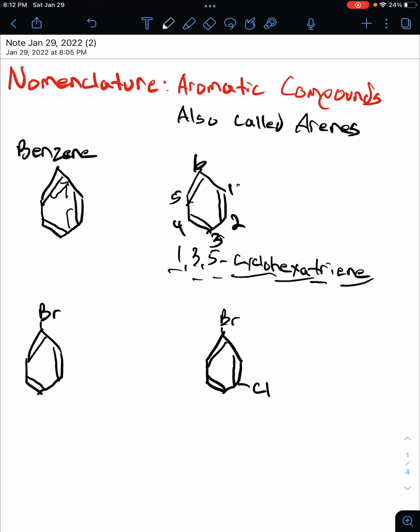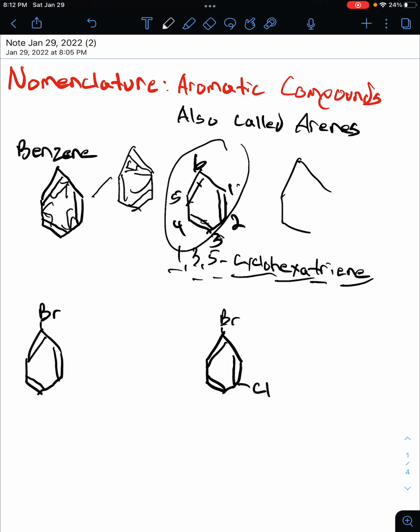But we don't name it this, and the reason we don't name it this is because these double bonds have resonance. They move around in the ring like this. So if you would redraw this, you would have a situation where these double bonds would move here, then they would move here, then they would move here, and then you can also do that again where they move back and forth in whatever direction. So a lot of times this benzene ring, instead of being written like this, is just written like this with a circle.